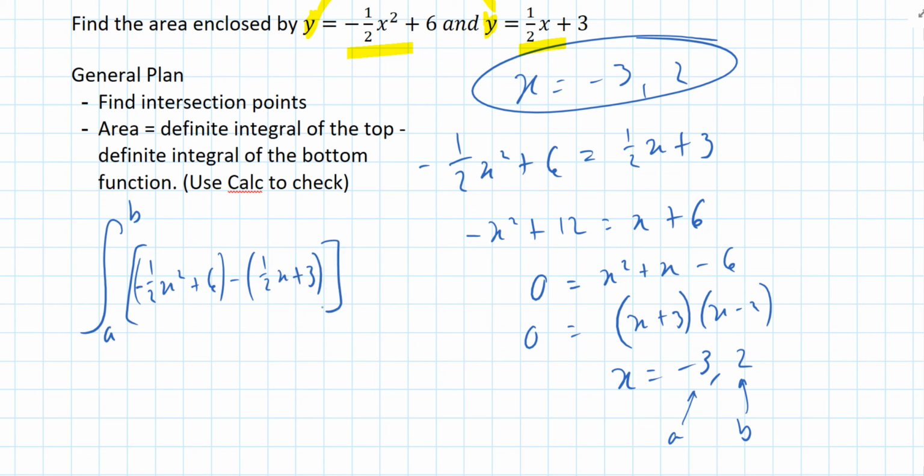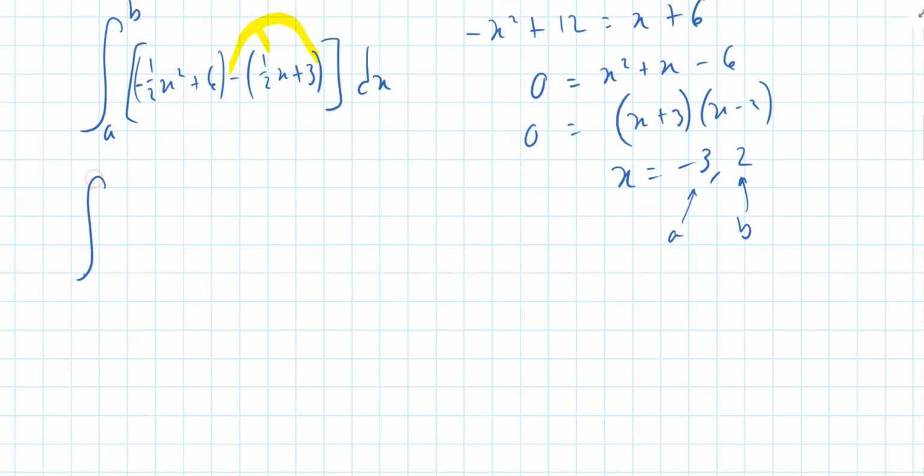Now the reason I'm being so careful with brackets is because this negative applies to both terms inside the brackets. And it would be quite a common error, especially if there's a negative in front of that 3, to forget to make the double negative, or in this case, forget to subtract. dx. Then, keep simplifying: a to b of minus a half x squared minus a half x plus 3 dx.